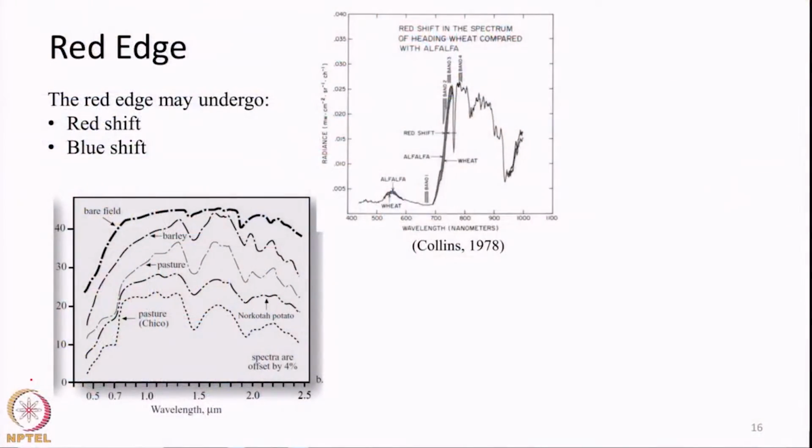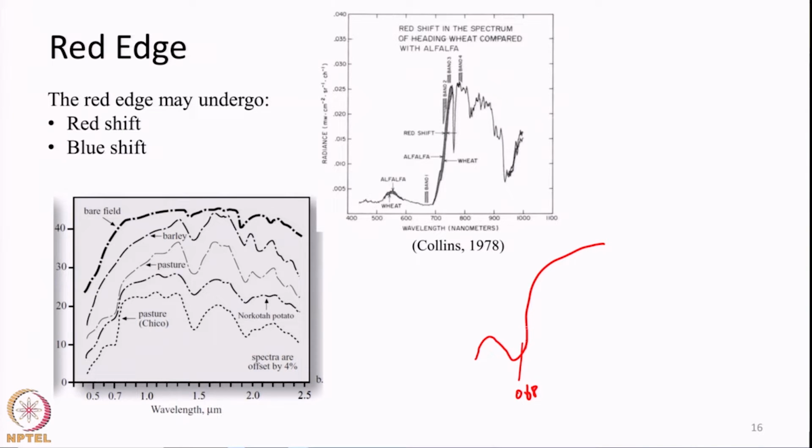As the vegetation undergoes some sort of stress, or some senescence cycle, like when the vegetation matures, then the wavelength at which this transition occurs will start to move towards shorter wavelengths. We call it the blue shift. Let us assume the vegetation curve is something like this. Let us say this transition occurs around 0.68 micrometers, the position at which the reflectance changes.